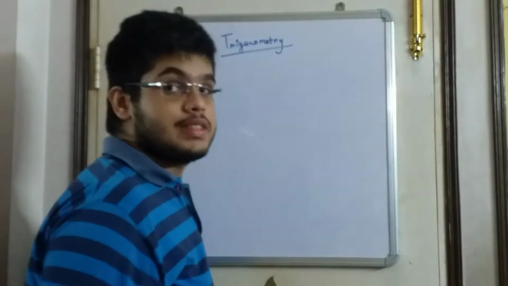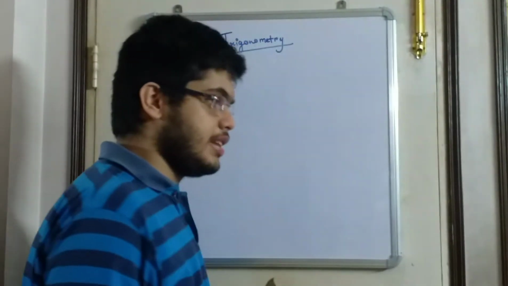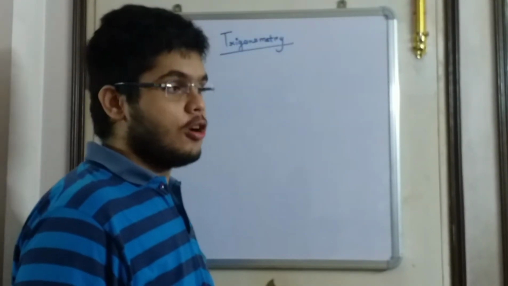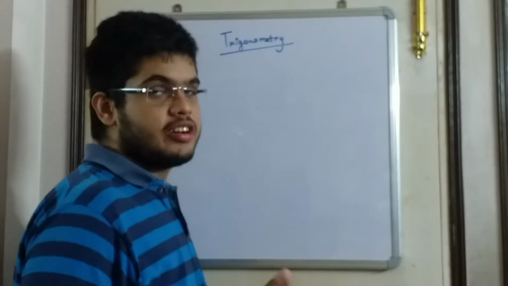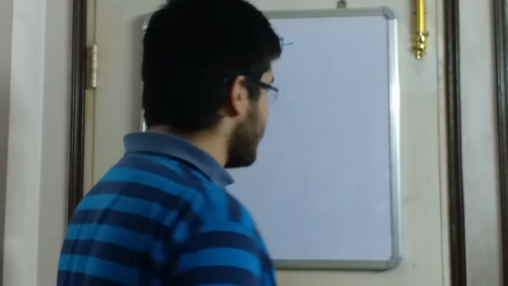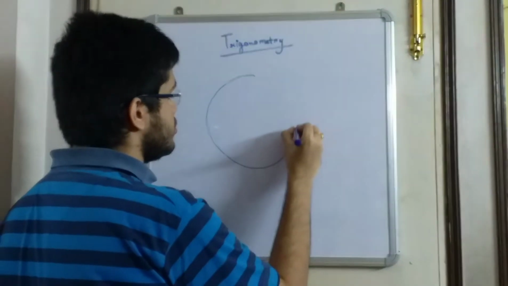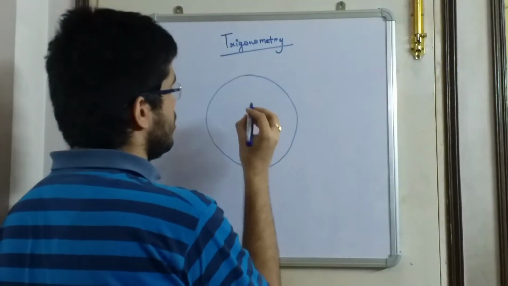Now coming to the signs of the trigonometric functions, that is whether they will be positive or negative, when they will be positive, when they will be negative over the course of 360 degrees. Now we will realize that. So let's draw a circle.